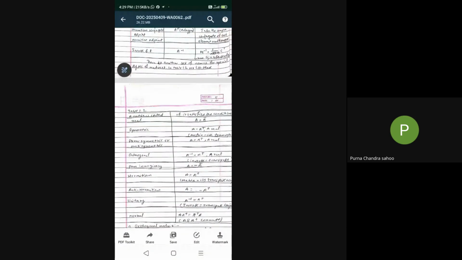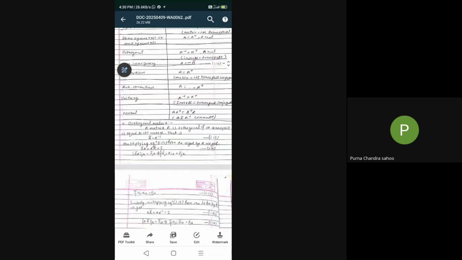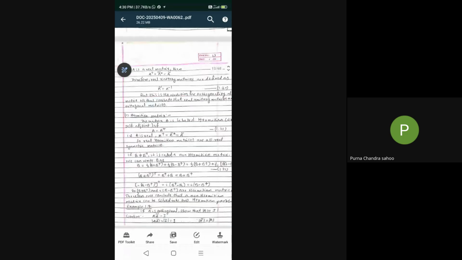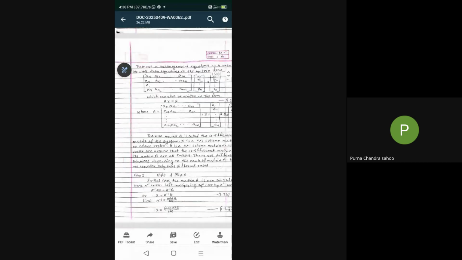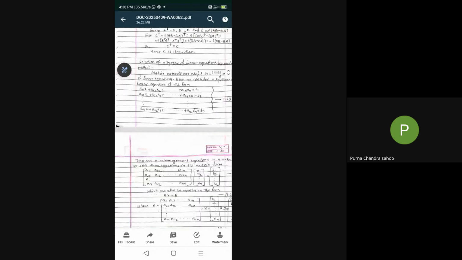Then there are real matrix, symmetric matrix, then orthogonal matrix, symmetric or anti-symmetric matrix, then pure imaginary matrix, like Hermitian, which is A equal to A dagger, then anti-Hermitian, A equal to minus A dagger, then unitary, A inverse equal to A dagger, then normal, that is A dagger A equal to A A dagger. Then your orthogonal matrix. So let us have the Hermitian first, which you are asking, then we shall go to these things, because this will be better for you.